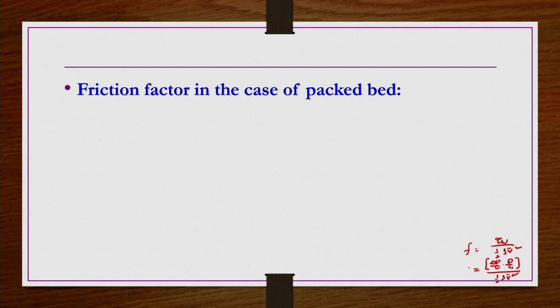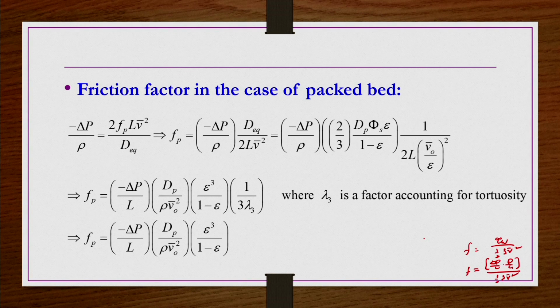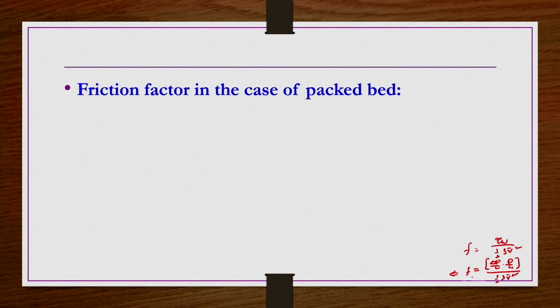Then here, if you rearrange this equation, F is equal to 1 by rho V bar square, multiplied by delta P by L into d by 2, you will get.